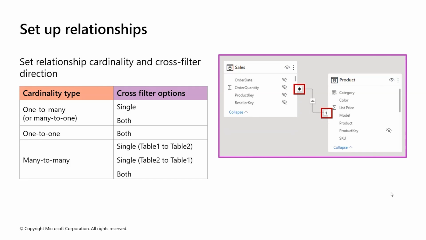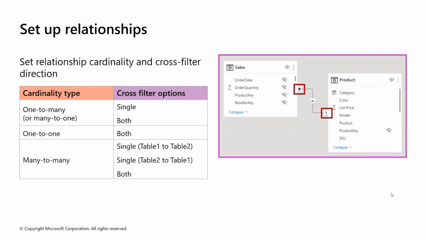So for a one to many relationship, the cross filter direction is always from the one side and optionally from the many side. For a one to one relationship, the cross filter direction is always from both the tables.